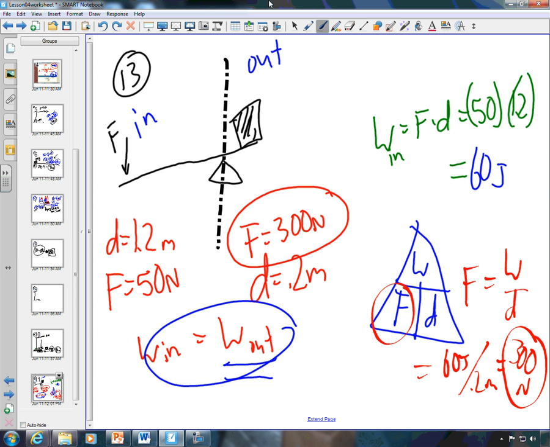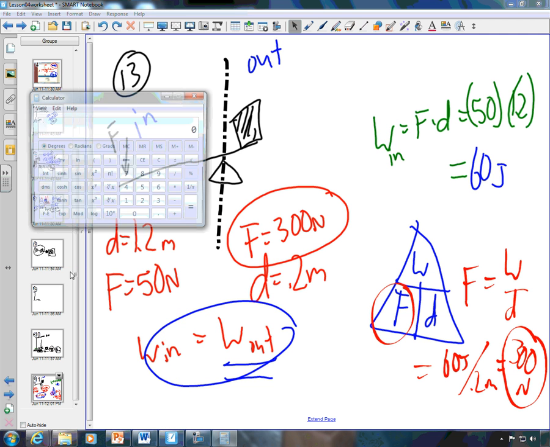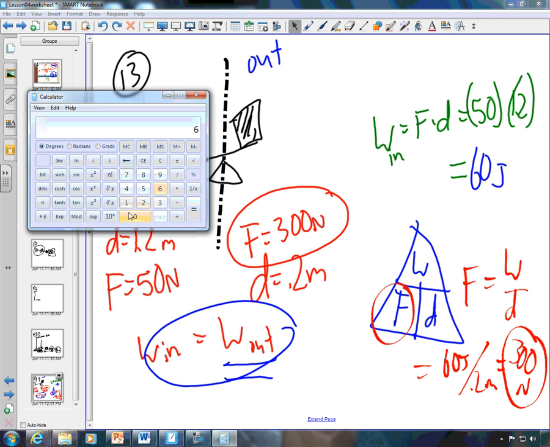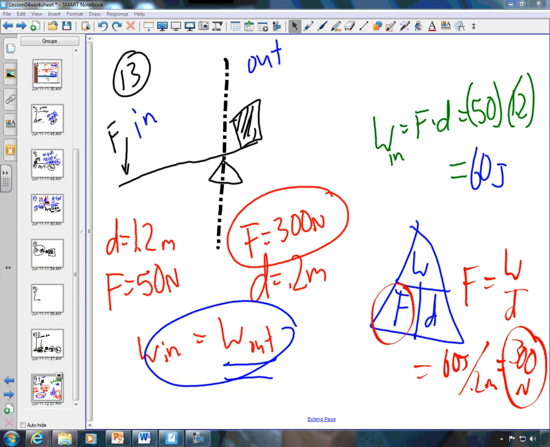Again, remember, a joule is a newton meter, so the meters cancel out. I'll just verify for you: 60 divided by 0.2, 300. Not a problem. So we've proven that.